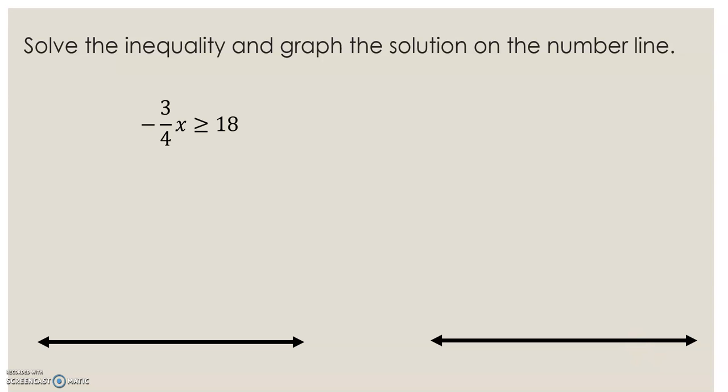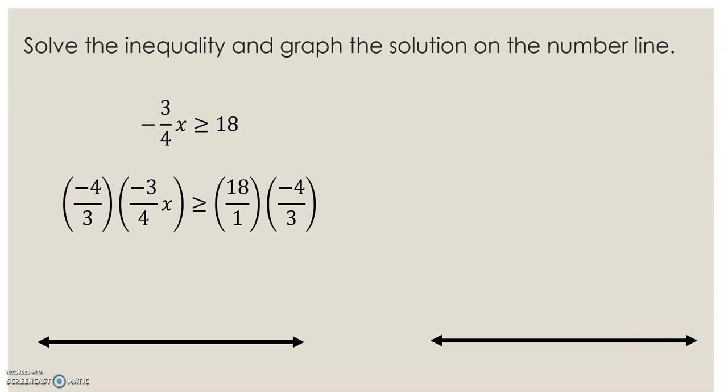-3/4 x is greater than or equal to 18. To get rid of that -3/4, we're going to multiply both sides by the reciprocal, -4/3. -4/3 times -3/4 is 1. 18 over 1 times -4/3.